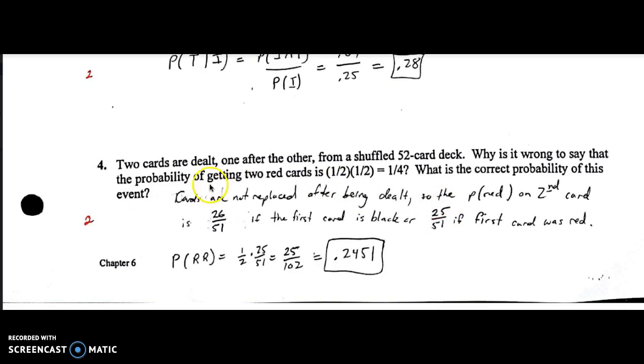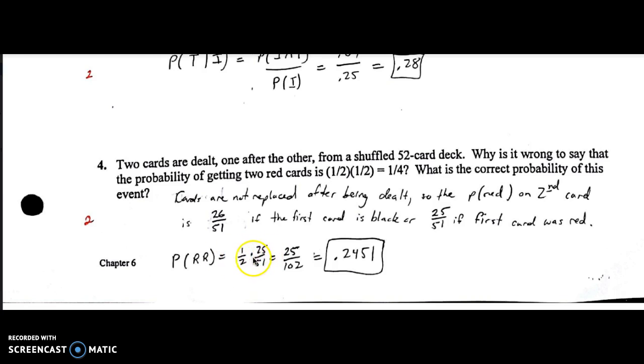So if you're looking for the probability of getting 2 reds, for the first red, yeah, there's 26 out of 52. That's half the deck is red. That's fine. But the second thing is, if you've gotten a red on the first one, then there's only 25 reds left and there's only 51 cards left. So you don't multiply by a half again because the probability has changed because you don't have as many cards left and you don't have as many red cards left.